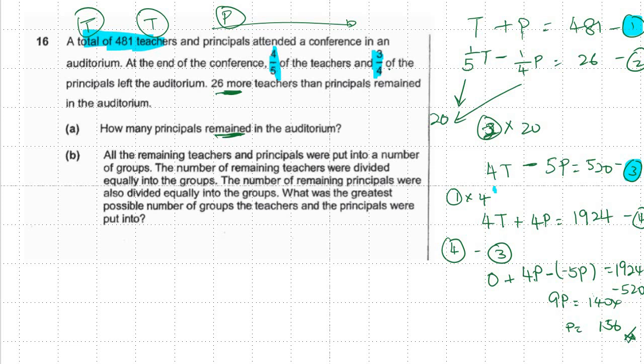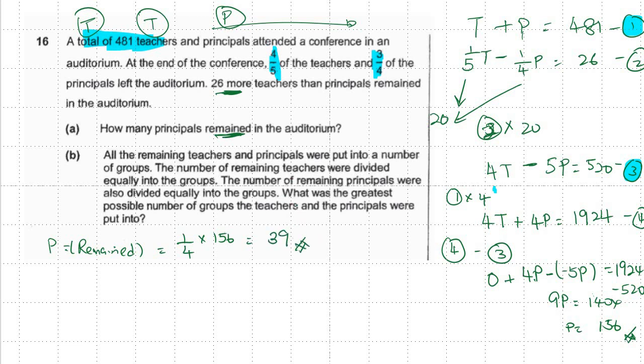You know the ones that remain are how many? The ones that remain are only 1/4 of it. So you want to know the ones that remain, right? So it's 1/4 times 156. Only 39 remain.